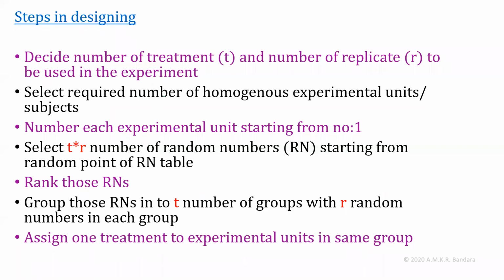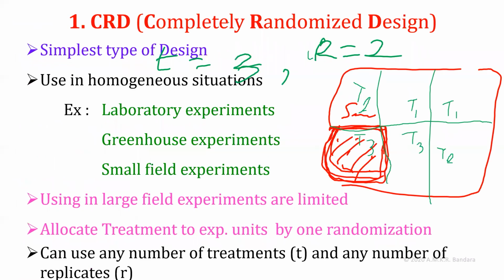So we selected 6 experimental units. Then next, number each experimental unit starting from 1. Here first you can number these experimental units. This is the first experimental unit, this is second, third, fourth, fifth and sixth.